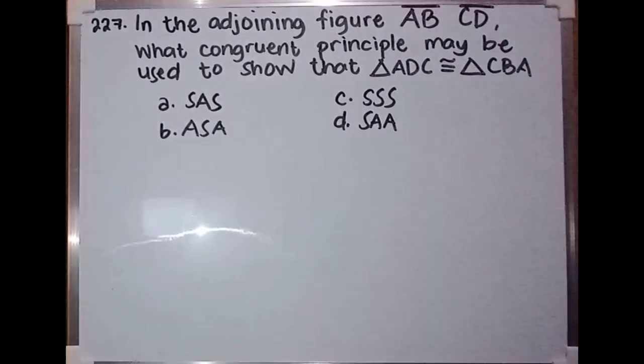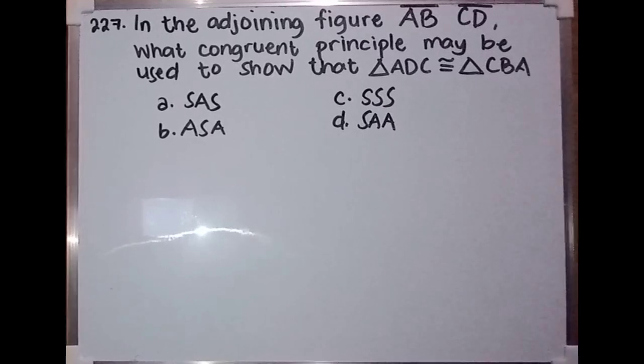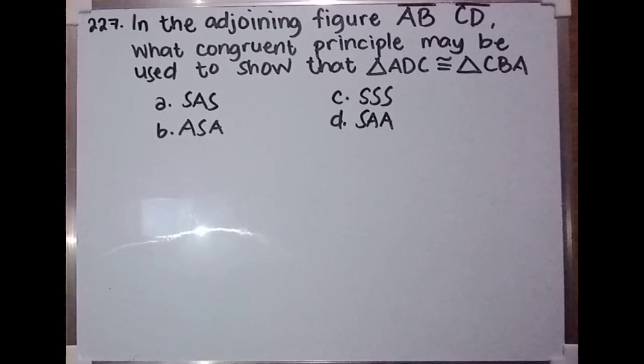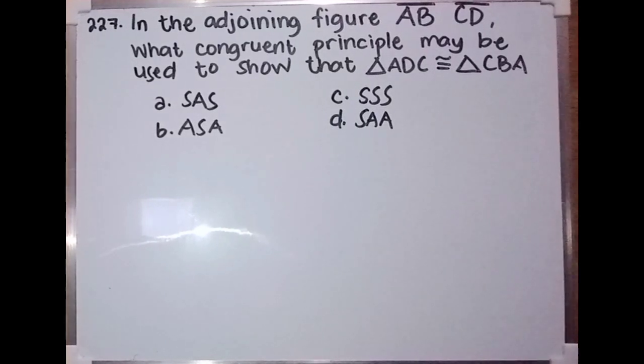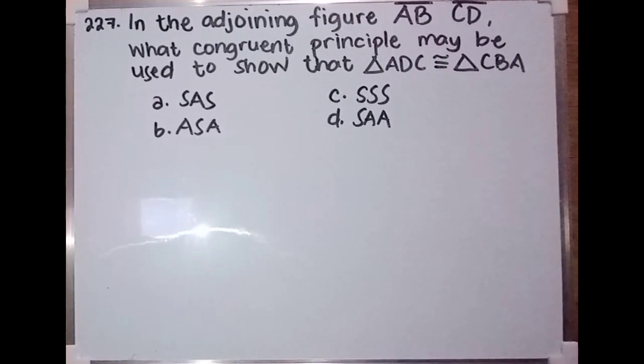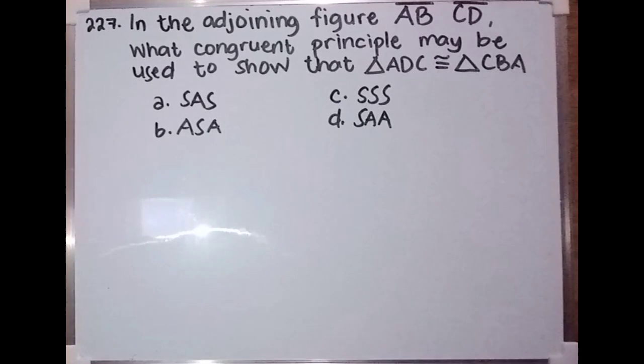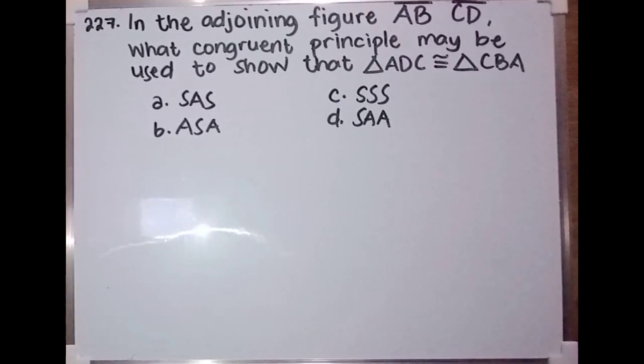Let's proceed to 227. In the adjoining figure, side AB and side CD, what congruent principle may be used to show that triangle ADC is equal to triangle CBA?